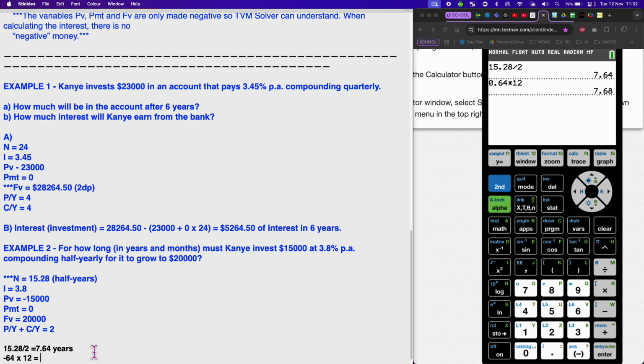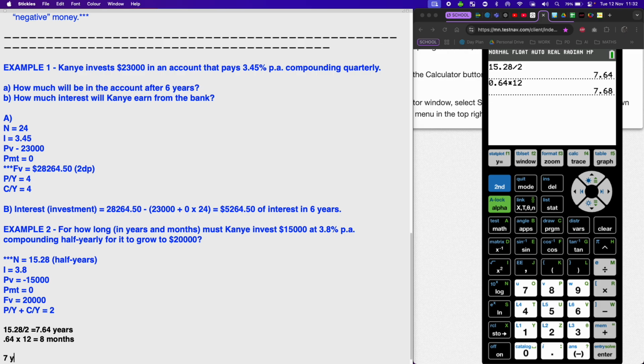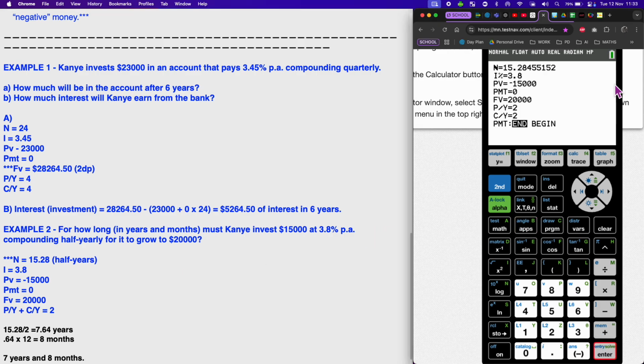Well, that's 7.68, 8 months. So overall, 7 years and 8 months. That's using TVM Solver. Apps, Finance, TVM Solver.